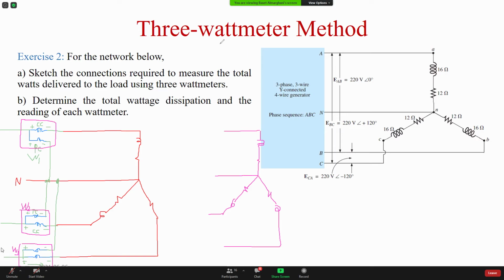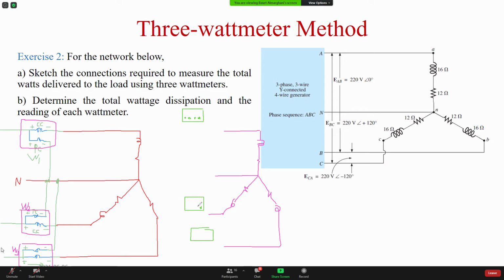Now I'm going to put my watt meters in another way. This is the watt meter, like in the lab. This is another watt meter. And this is the third watt meter. So this has current and voltage.